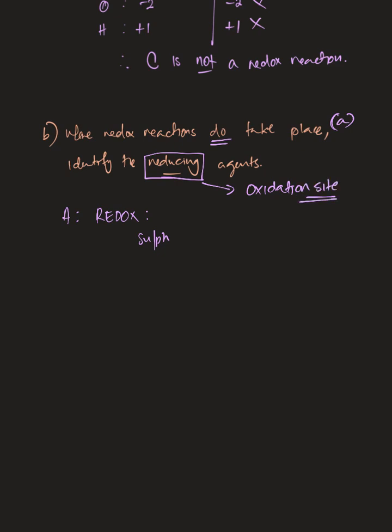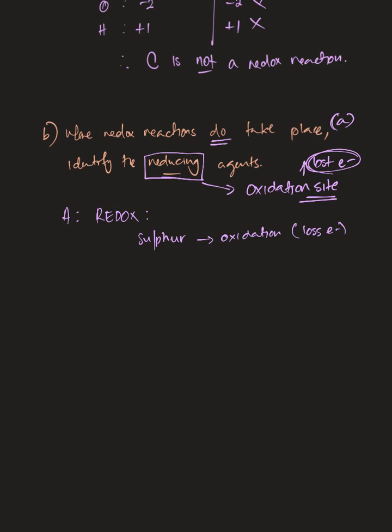So what was oxidized? Because whatever was oxidized, whatever lost electrons, is going to give me my redox reaction. So if I look at sulfur, sulfur went through oxidation because it lost electrons. So there was a loss of electrons.